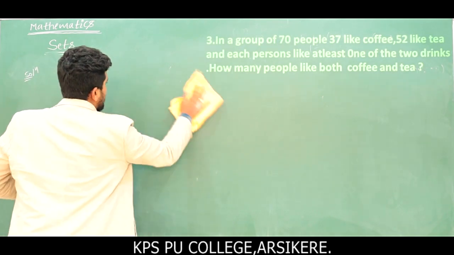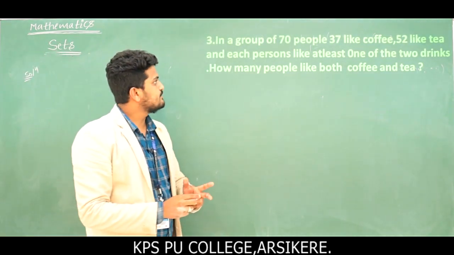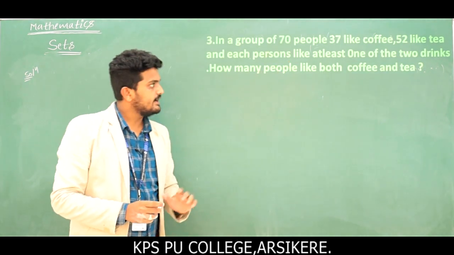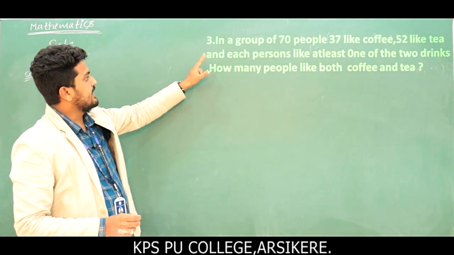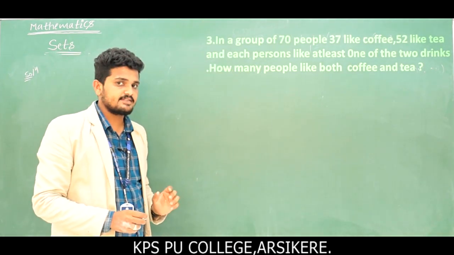So in a group of 70 people, 37 like coffee, 52 like tea, and each person likes at least one of the two drinks.